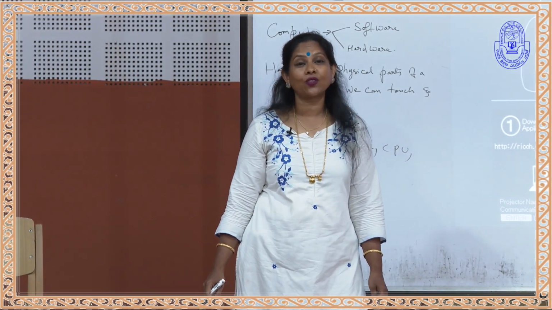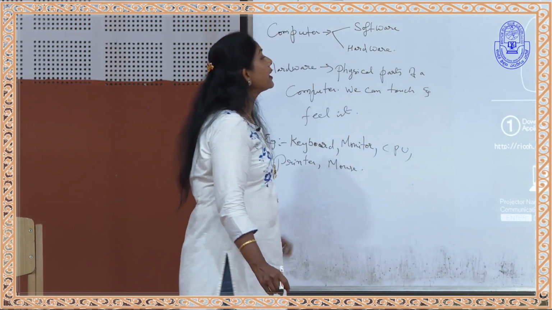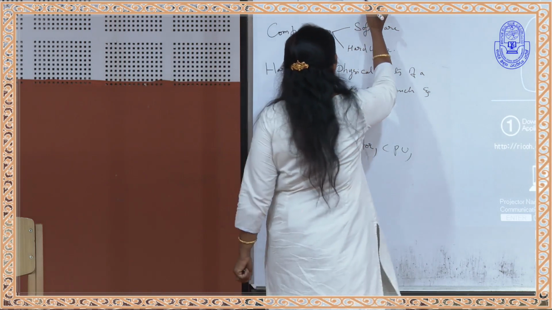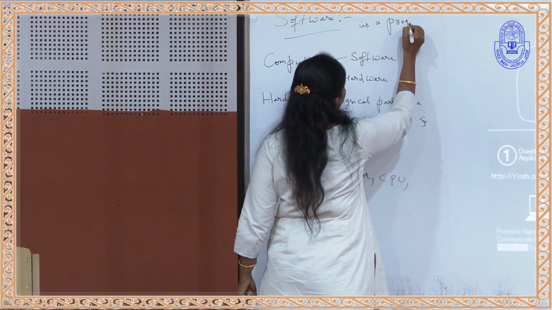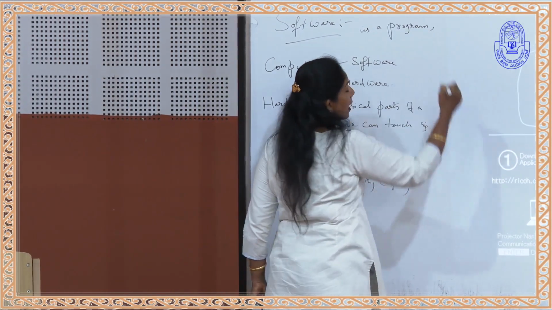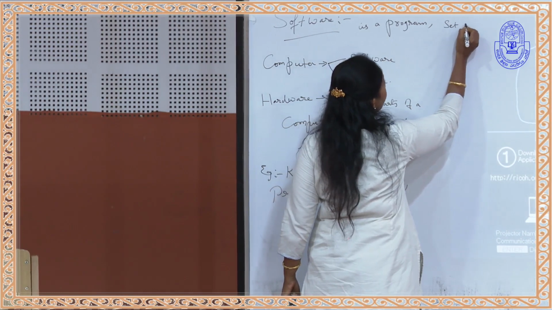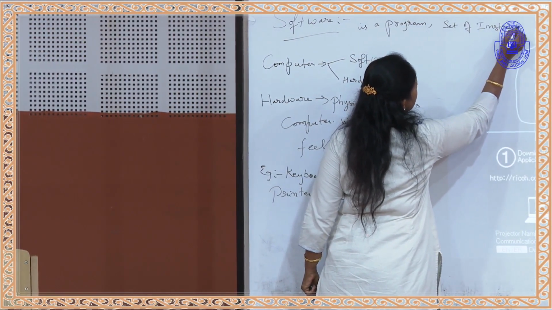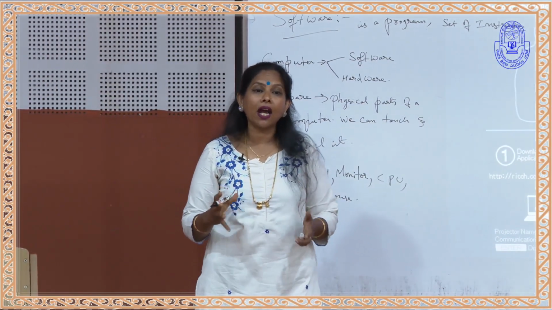Very good. OS. OS is operating system, a program. Software is a set of instructions. Software is a program. It is a set of instructions given to a computer to do the task.